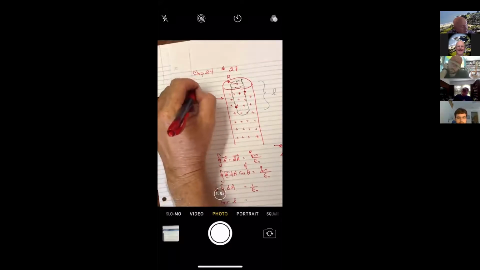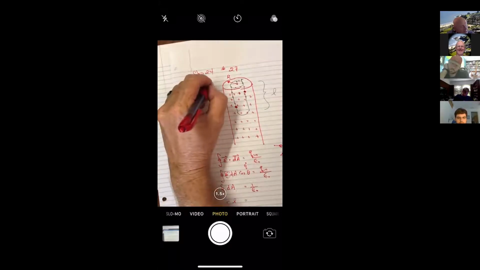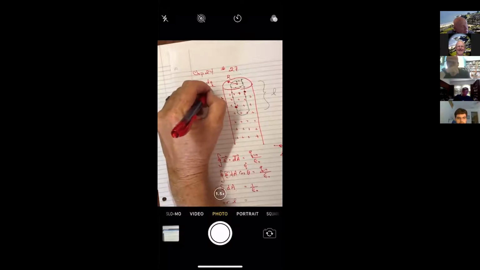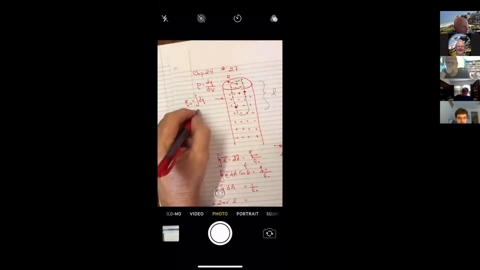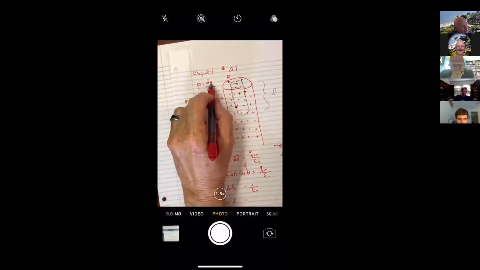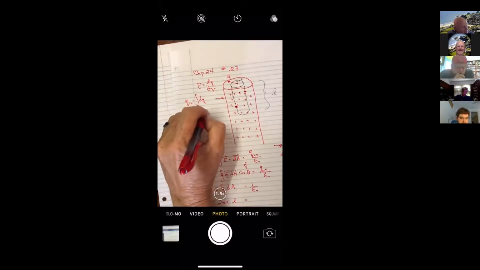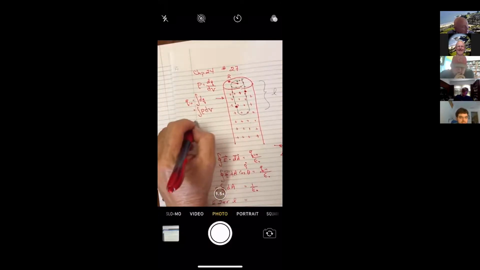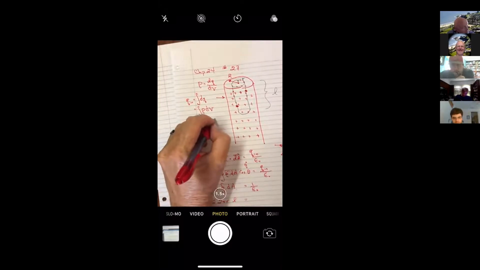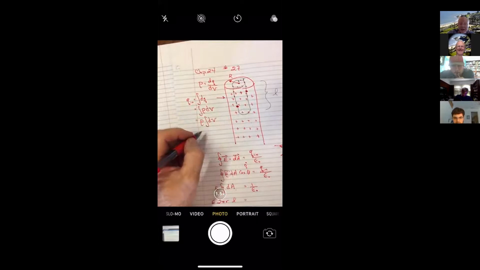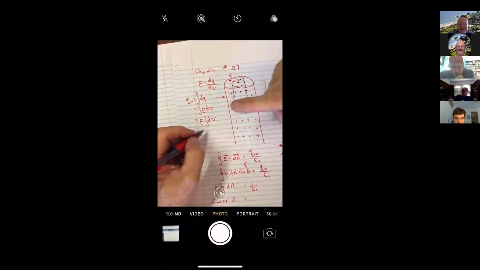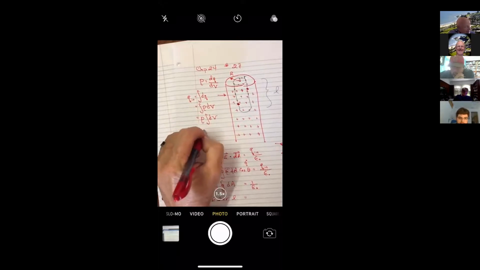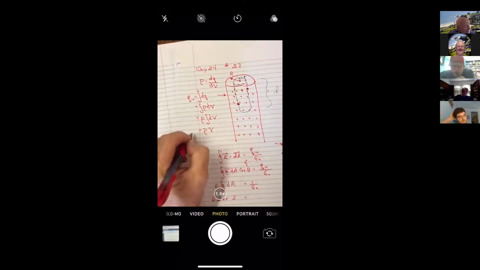And since density is dq over volume, I could replace that dq with the density times the volume. And then if density is a constant, did you catch that? I'll say it again. If density is a constant, I can pull it out and get density times volume.